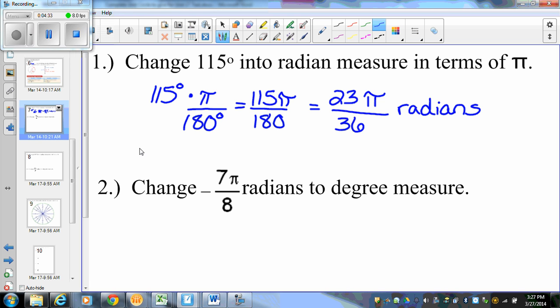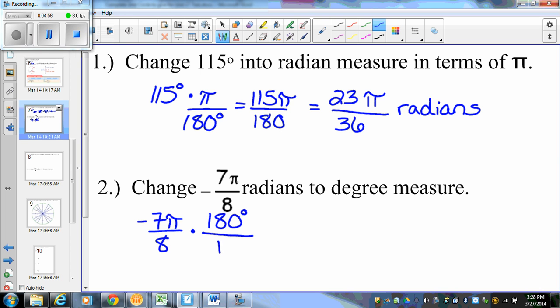So similarly here, if you can't remember which fraction it is that we multiply by, if you're trying to convert from radians to degrees, the goal is to end up with a degree symbol in your answer. So that would mean that the degree symbol needs to be on top in the ratio that I'm multiplying by.